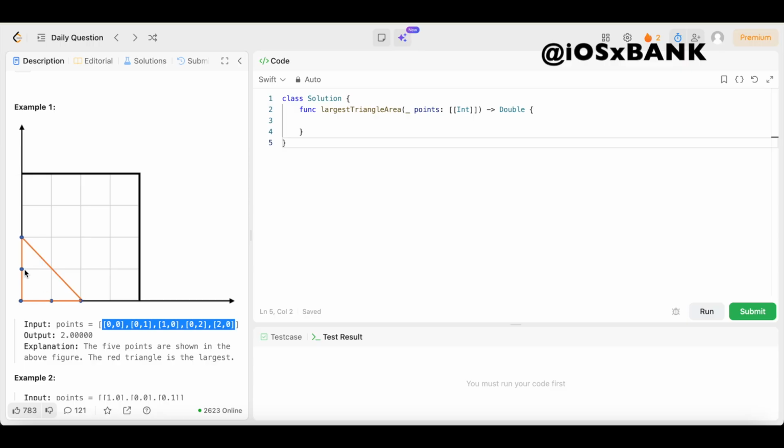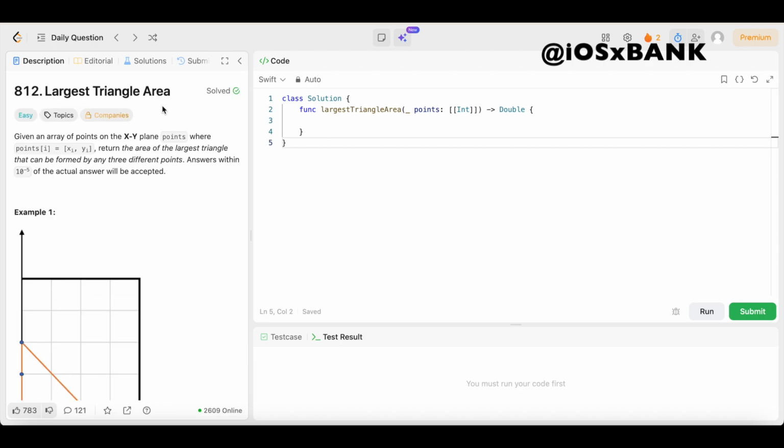However, it wouldn't be the largest possible triangle, because we can also connect these 2 points right here. And when we connect these 2 points, this is the largest possible triangle that we can create. But we're not done yet, because we still need to find the area.